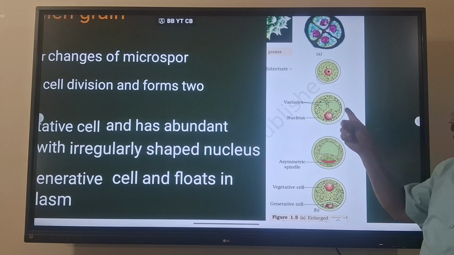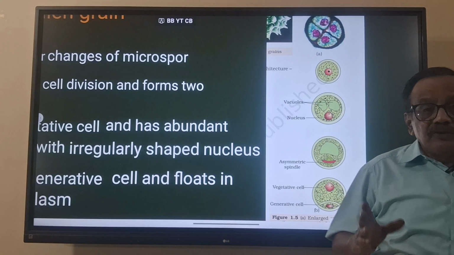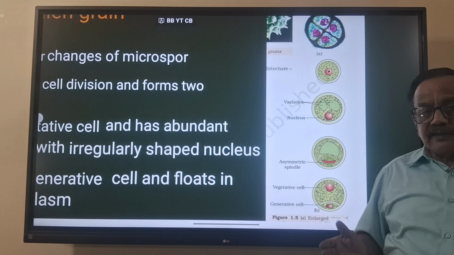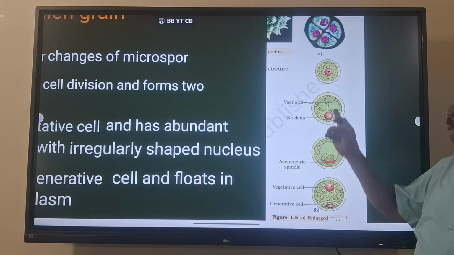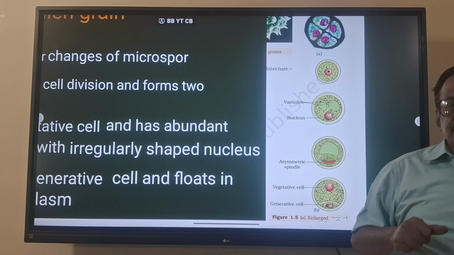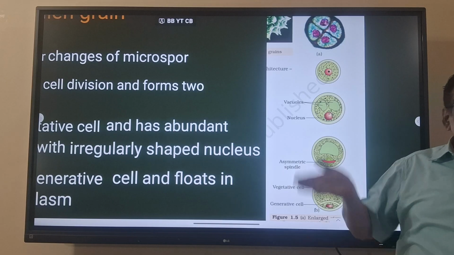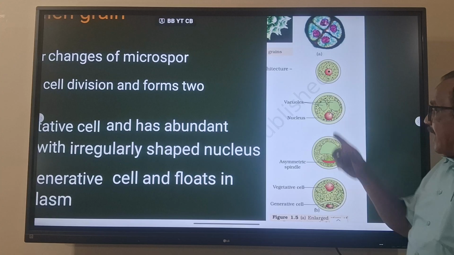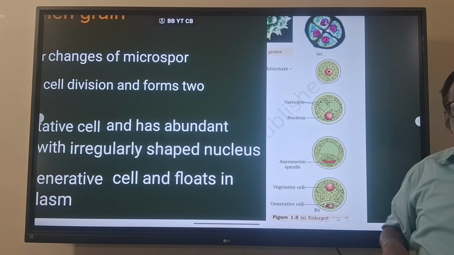It has vacuoles and cytoplasm rich with nutrients, meaning whatever is required for the growth of the pollen tube further, it will be stored in the vegetative cell. If you ask in which cell of the pollen grain food material will be stored, that is the vegetative cell. Remember it.